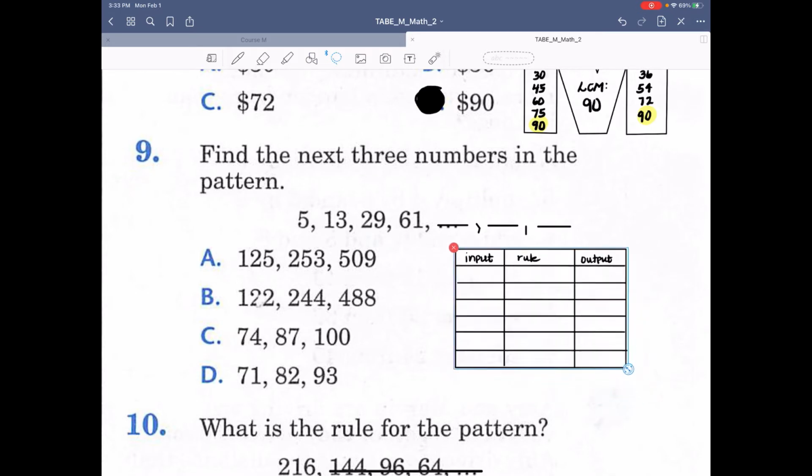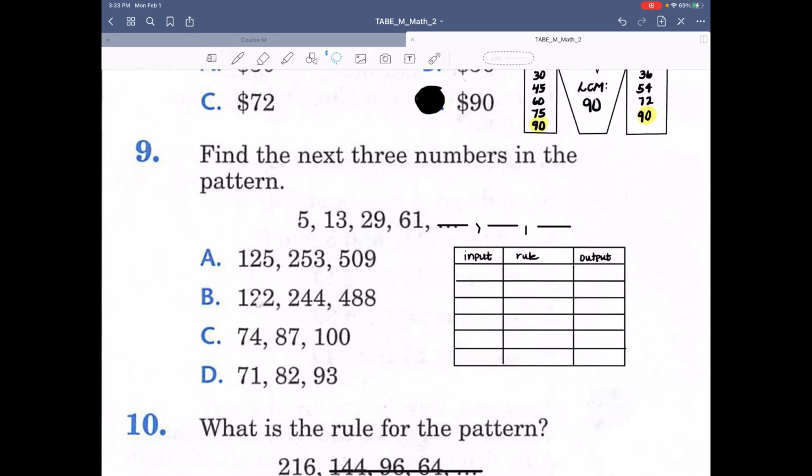Maybe, yes. And then I'll add that extra row down there. But we have a 5 and a 13, a 13 and a 29, a 29 and a 61, a 61, and then we don't know the output on that one.